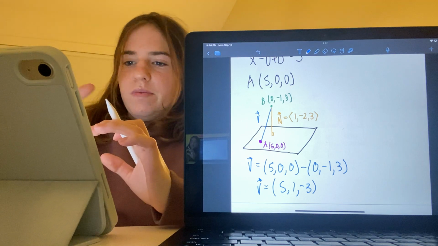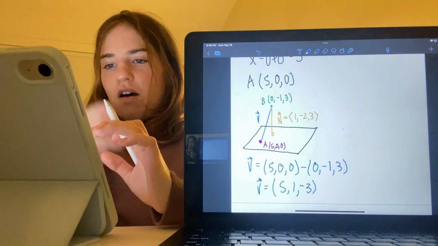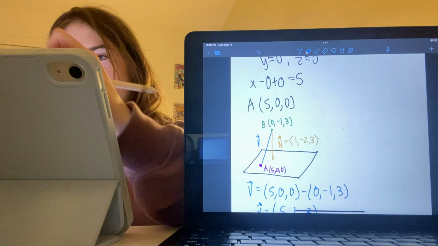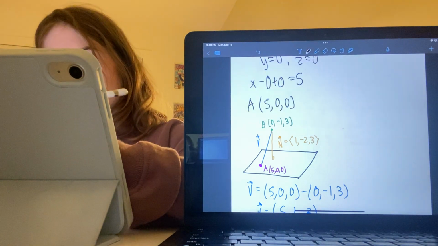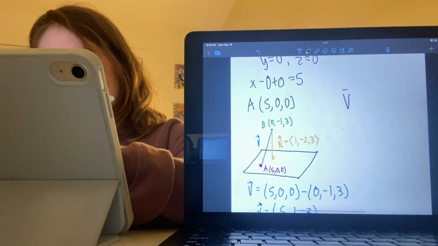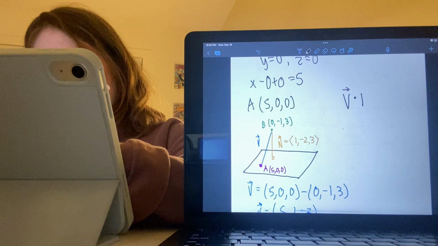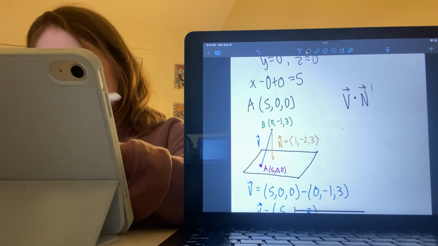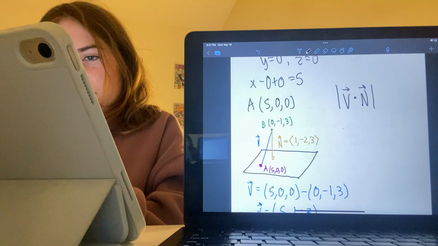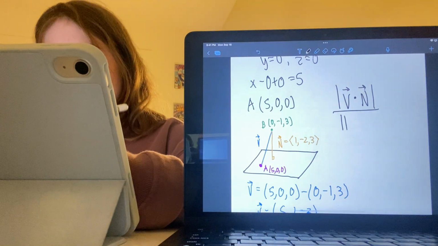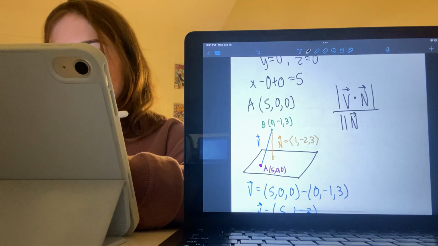All right, and with vector v and n, the way that we can find the distance is to project v onto n, and our equation for projection is going to be the absolute value of v dot n, so it's going to be positive, over the magnitude of n.